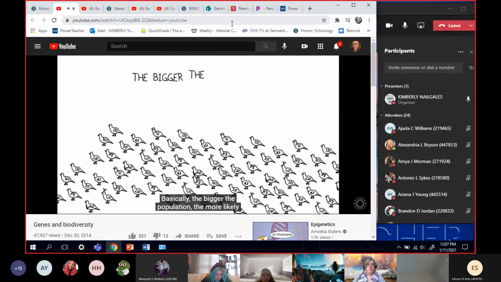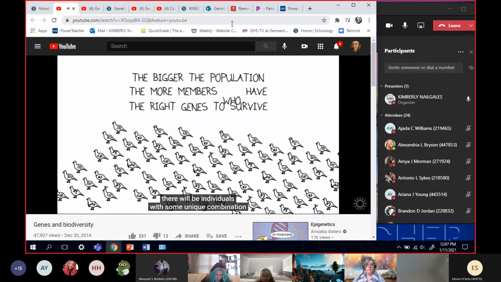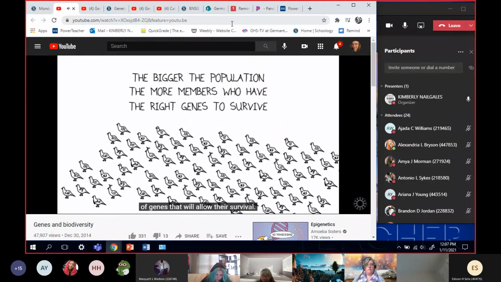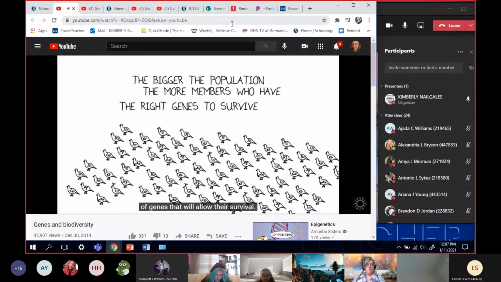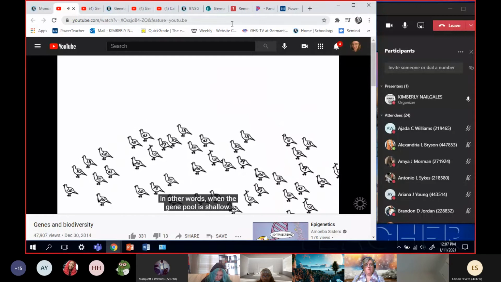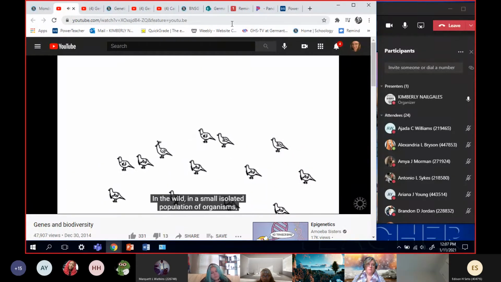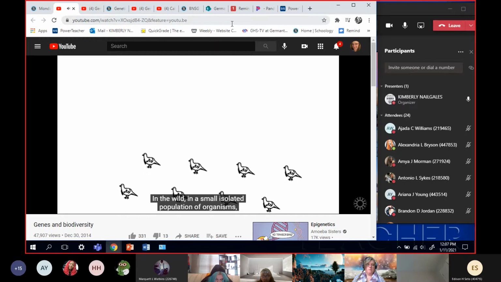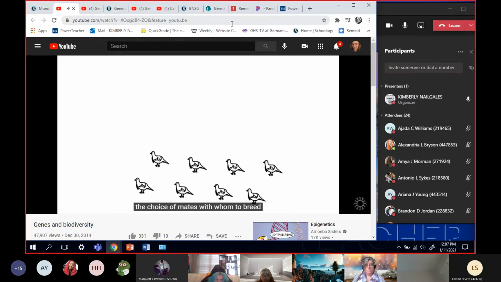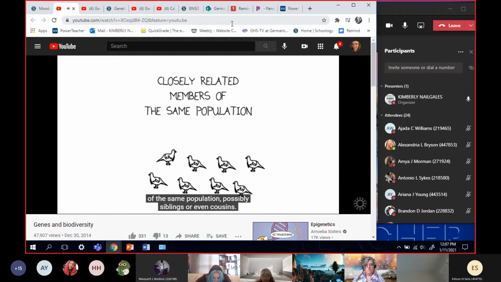Basically, the bigger the population, the more likely there will be individuals with some unique combination of genes that will allow their survival. But what happens when the gene pool is much smaller? In other words, when the gene pool is shallow. In the wild, in a small, isolated population of organisms, the choice of mates with whom to breed tends to be restricted to closely related members of the same population, possibly siblings or even cousins.